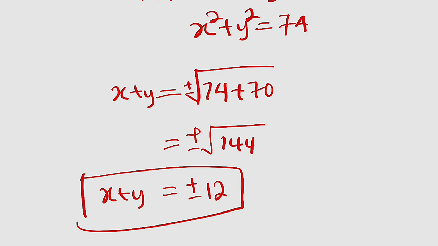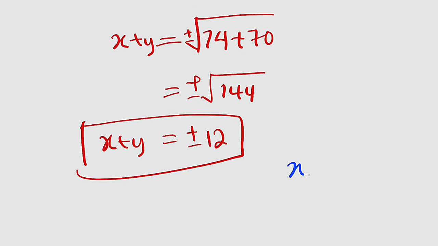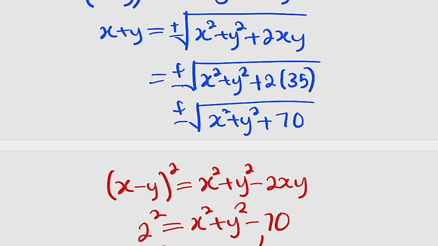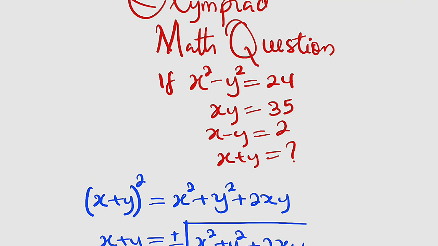But I know some of you may ask, we're supposed to get 12 instead, because remember we started with x equal to 7 and y equal to 5. So x plus y will definitely be equal to 12, not plus or minus 12. But why? If you solve these two equations simultaneously, you have to get x equal to plus or minus 7 and y equal to plus or minus 5.